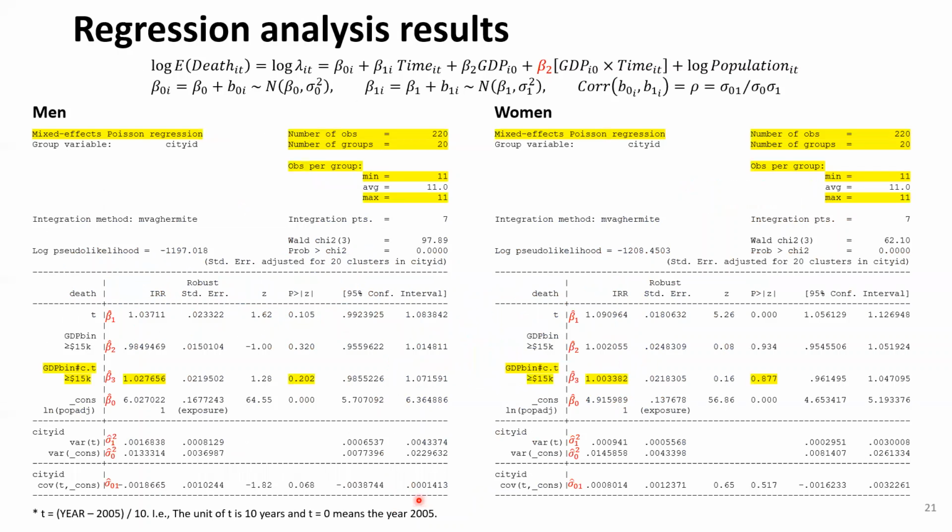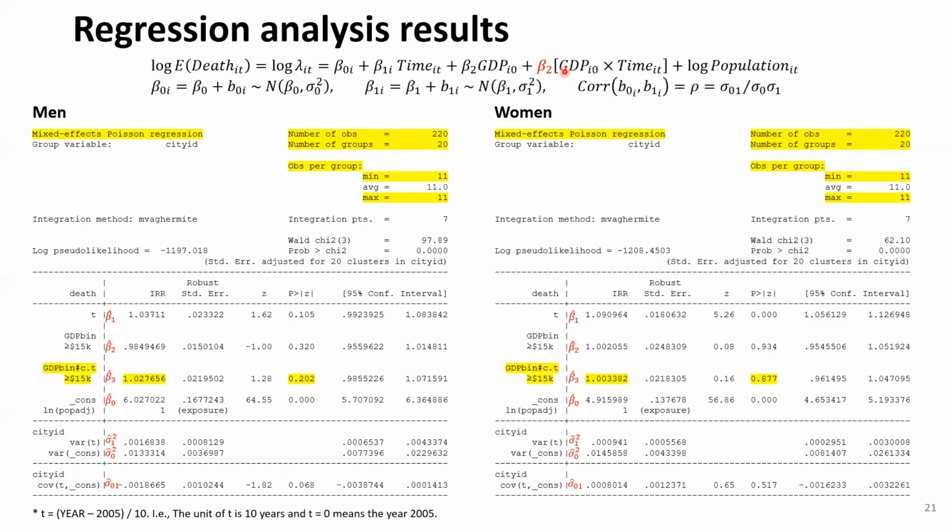Then we run the regression analysis, and this is the model I use. Although here I wrote that the GDP was log transformed, forget about what I said. These are dichotomized GDP, not a continuous variable. Be careful, although I wrote it this way.